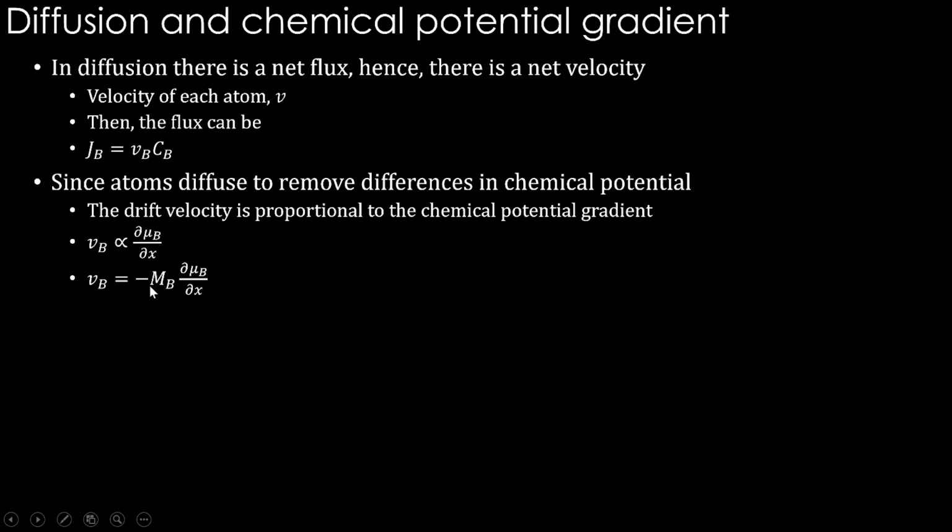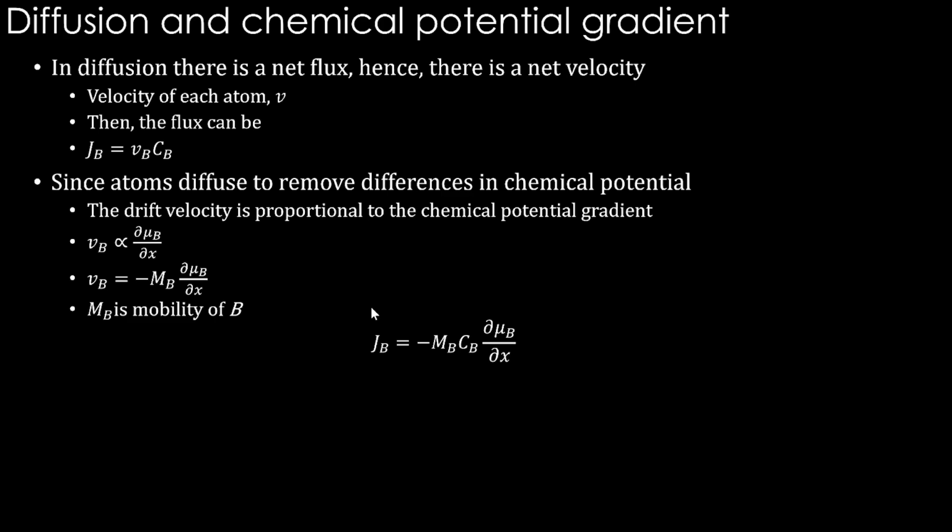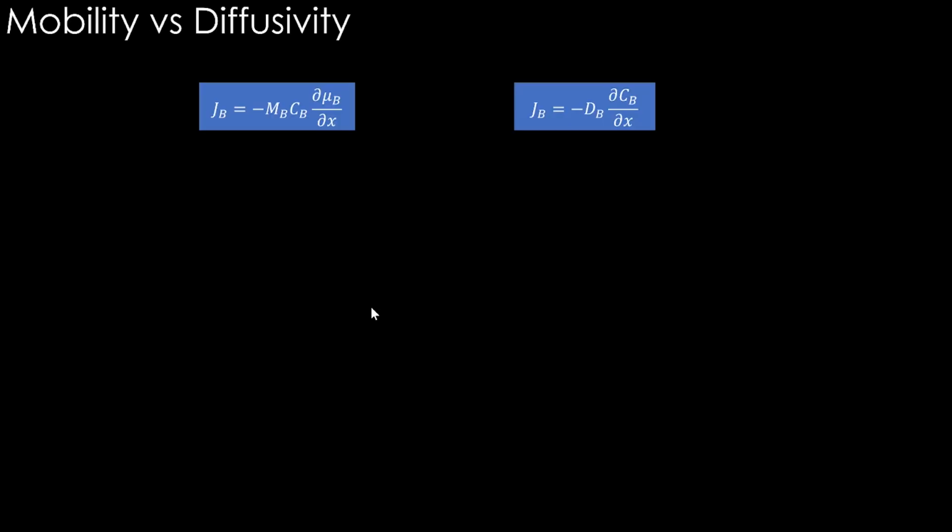And the proportionality constant is going to be MB, and this MB is the mobility of B. Based on this, we can write JB equals mobility multiplied by concentration into chemical potential gradient. So this is a much simpler and much more general way to understand diffusion compared to what we have done in Fick's laws.